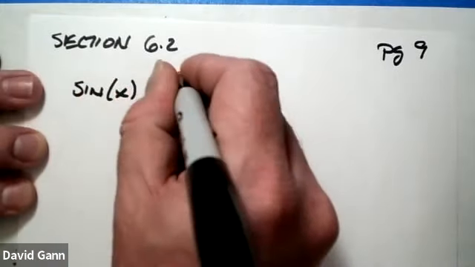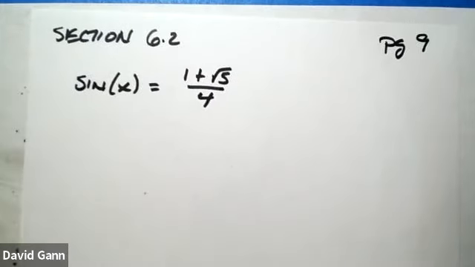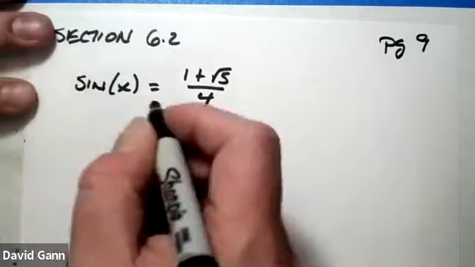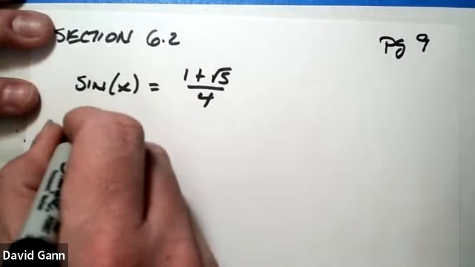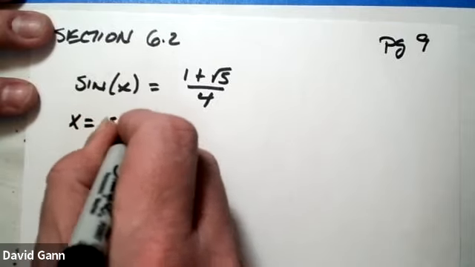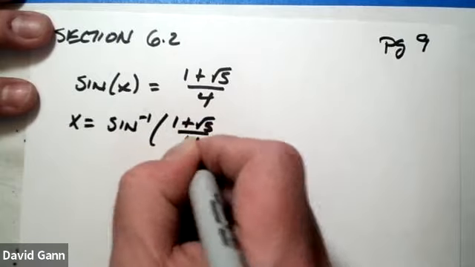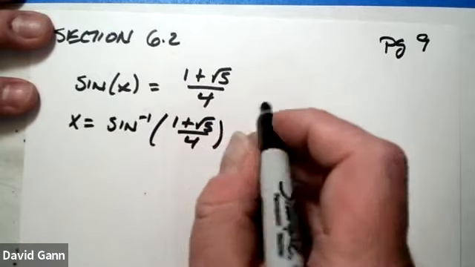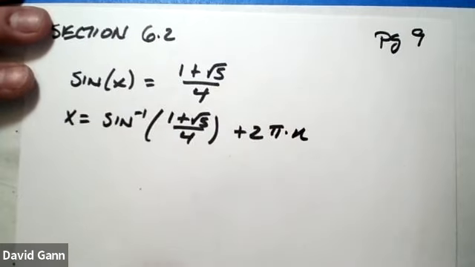So sine of x equal to 1 plus root 5 over 4. Okay, it's an uglier looking number, but we have done this problem exactly, right? This is in the range of sine, so x will be equal to the inverse sine of 1 plus square root of 5 over 4 plus 2 pi times n.